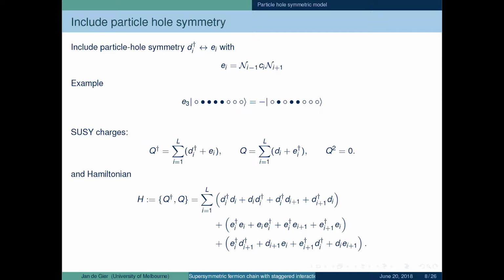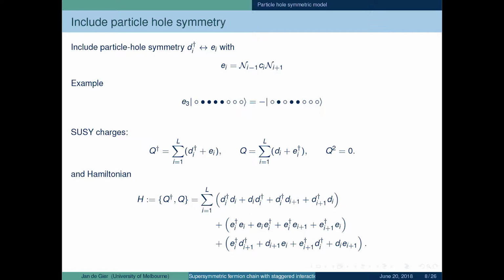So E3 acting on this state, there are three fermions in a row, and so it can remove the middle one and get to this configuration. And there's a minus sign because when I remove the third one, there's an odd number of fermions to the left of it, so I get a minus sign. And so what we did was add that operator to the SUSY charge.